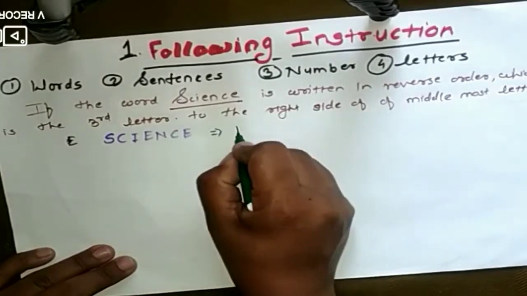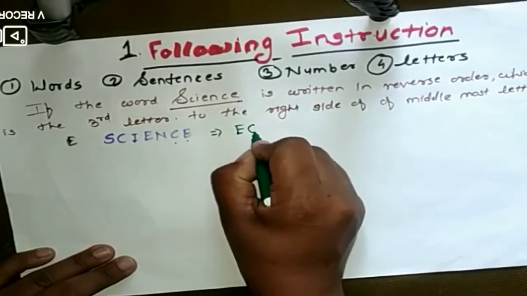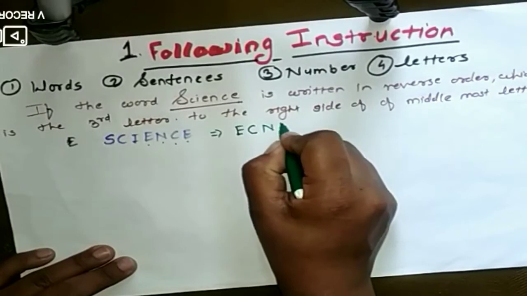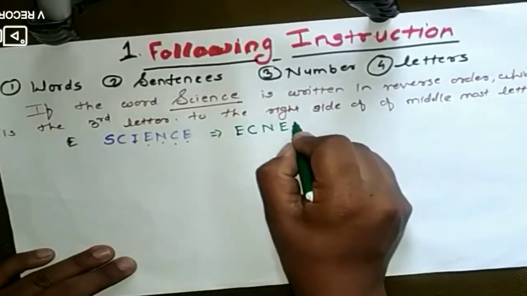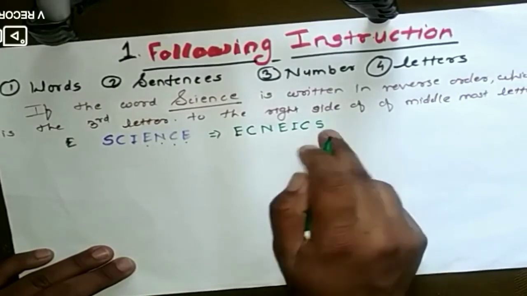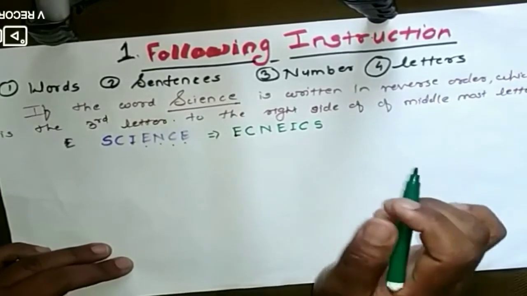So first comes E, then C, then N, then E, then I, then C, and here S. So here C I E N C E is science written in reverse order.